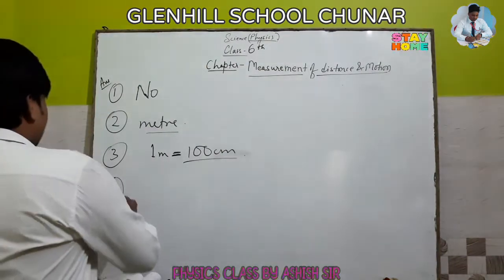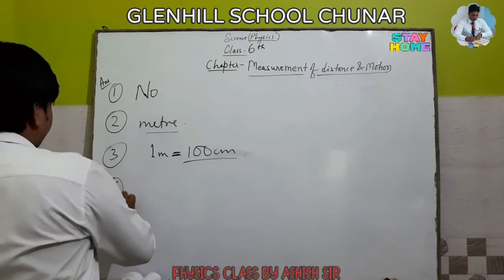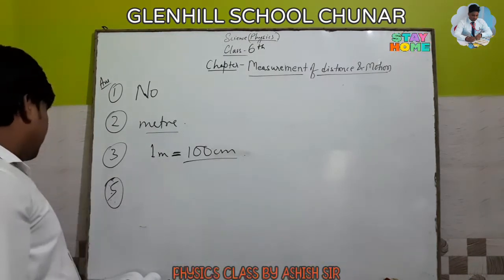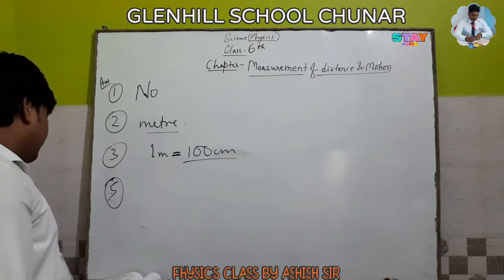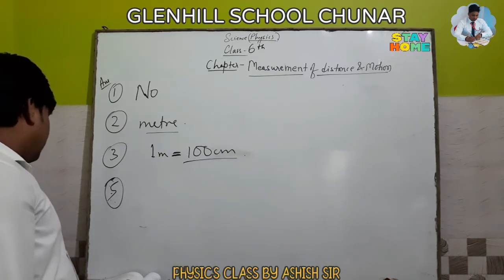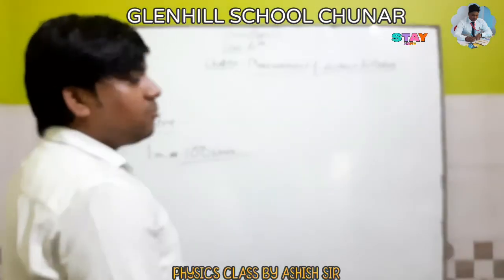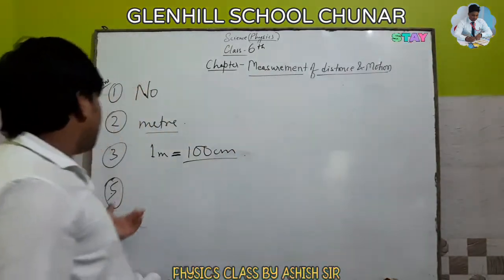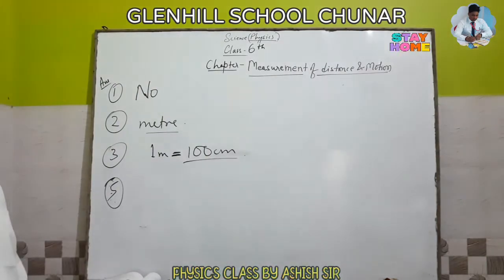Now, what is question number 5? While measuring the length of a knitting needle, the readings on the scale are 4 cm and 24.5 cm. What is the length of the needle? Again, the same type of question. You also give the answer of this question in the comment box.